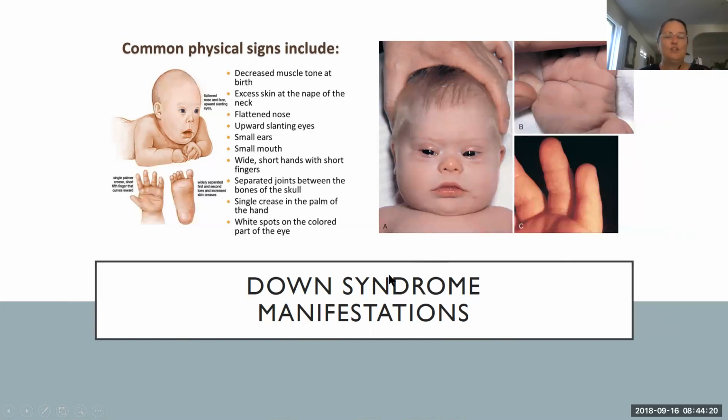In fact, if you check your hand right now, I'll bet we'll find someone in the class that has one. So it's just one of the manifestations of it. It doesn't automatically mean that you have Down syndrome. They might have wide, short hands with short fingers, and there might be a large space between their first and second toe. Some babies have all of these symptoms. Some of them have very few of them.